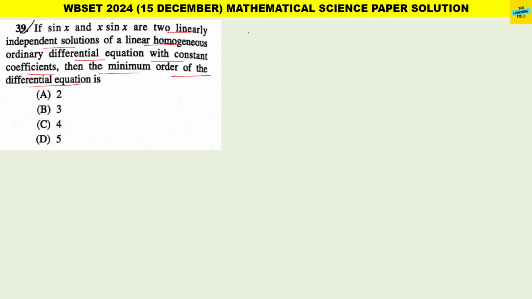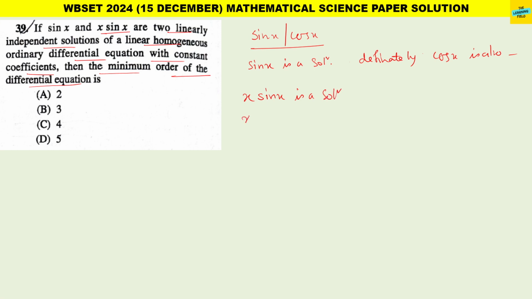We all know that sin x or cos x always occur in conjugate form, that is, if sin x is a solution, then definitely cos x is also a solution. And if x sin x is a solution, then x cos x is also a solution.